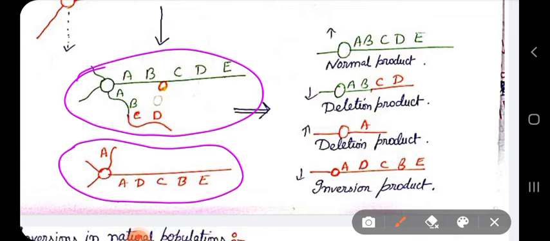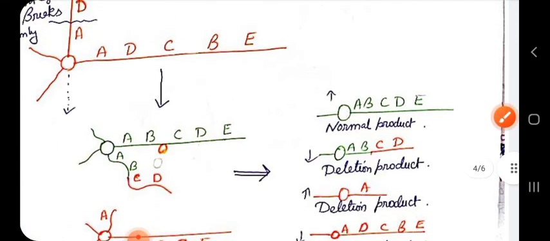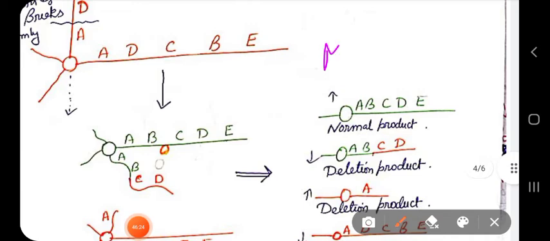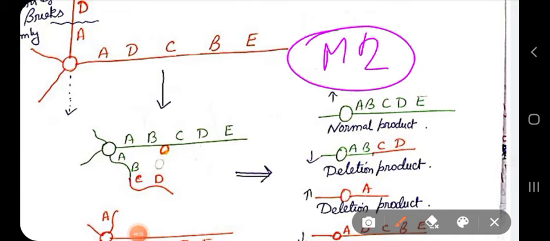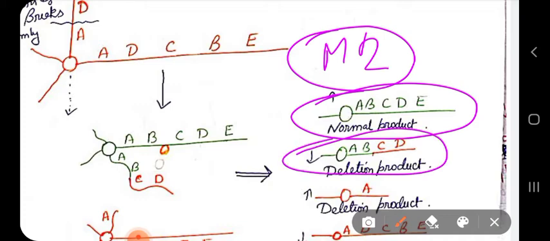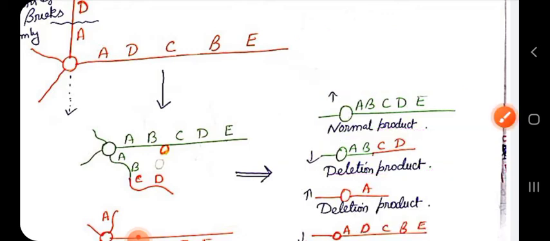And when meiosis 2 occurs, during meiosis 2 of your cell cycle, when all the chromosome products are distributed among the gametes, you see we will get one normal product and one deleted product, meaning the E segment is missing.